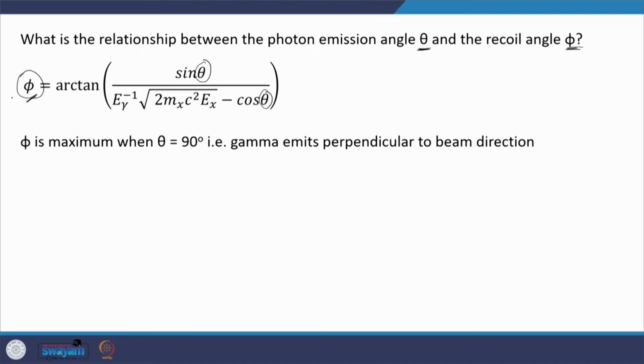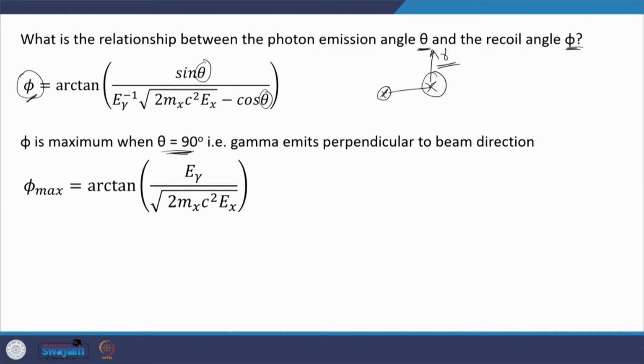What does it mean? In the reaction, if this is the ejectile and this is the target nucleus, the gamma is emitted perpendicular to the beam direction. This is the case when theta is equal to 90, that is when gamma emits perpendicular to the beam direction, phi, that recoil angle, is maximum, and that maximum recoil angle is expressed by this relation, substituting theta equal to 90 in the above expression.